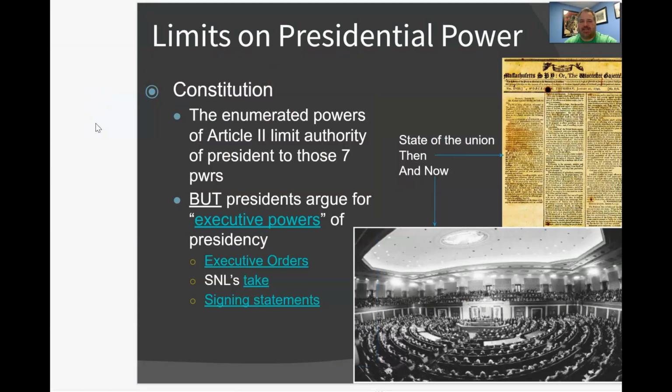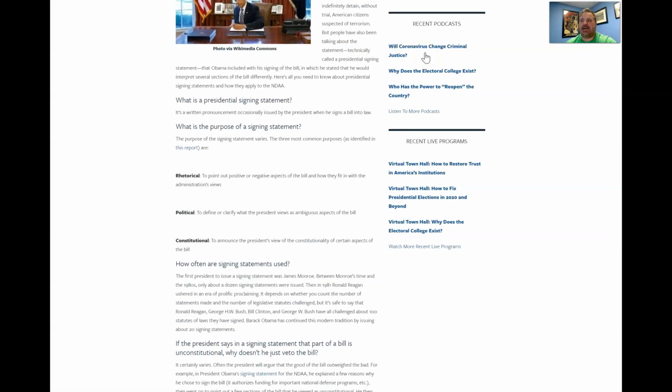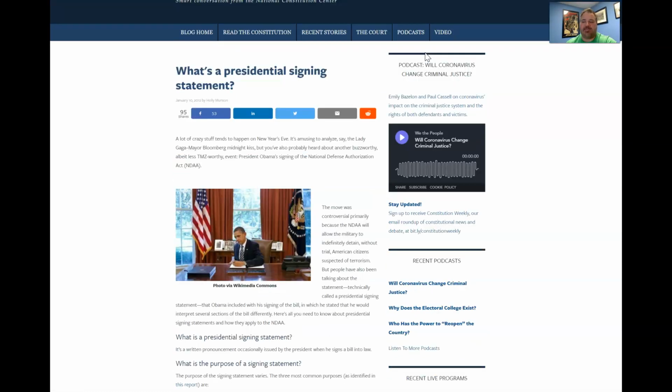Finally, there's the idea of signing statements. And signing statements are, again, another controversial thing that really emerged during the 1980s when the Reagan administration began stating, when they signed a bill that Congress had passed, how they were going to interpret that bill.